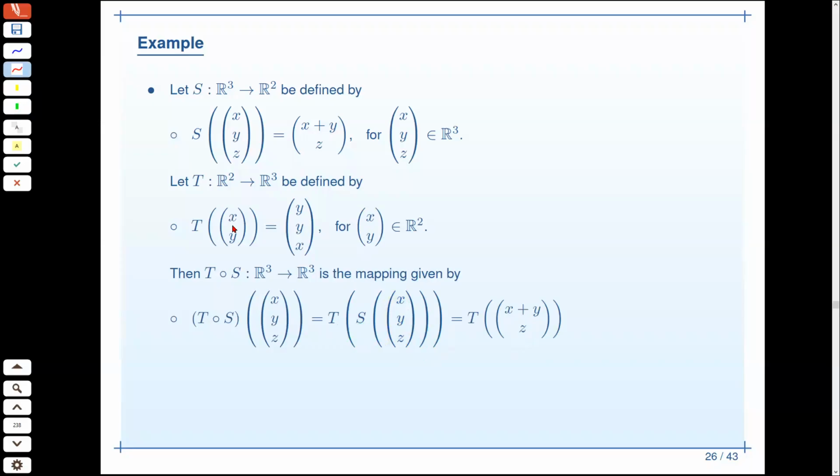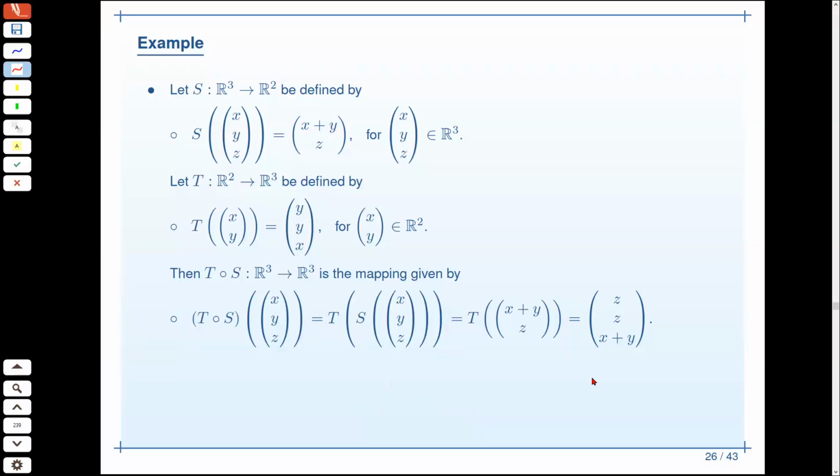The result has three components. The first component is z. The second component is the same, and the last component is the first component, which is x plus y, as follows. So here is the composite. Yes, this is still simple. We can do it in such a way, but in general the composite will be very complicated.